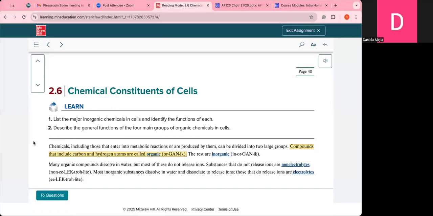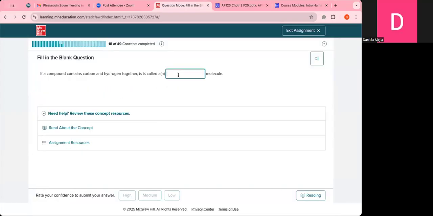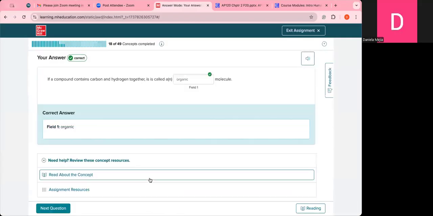Compounds that include carbon and hydrogen are called organic. So if they have carbon and hydrogen, they're organic compounds. Nice.